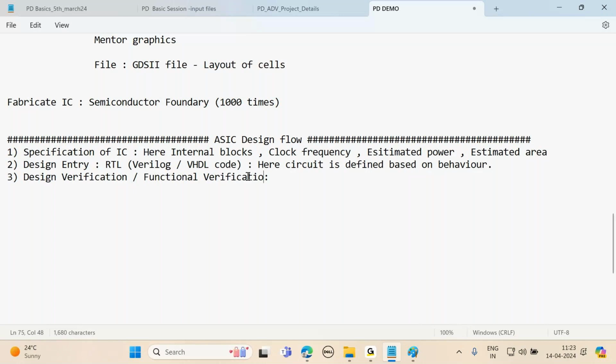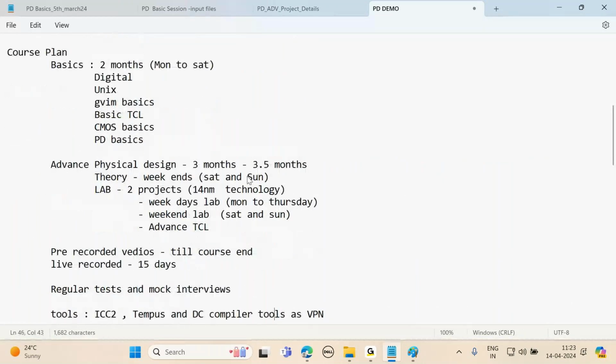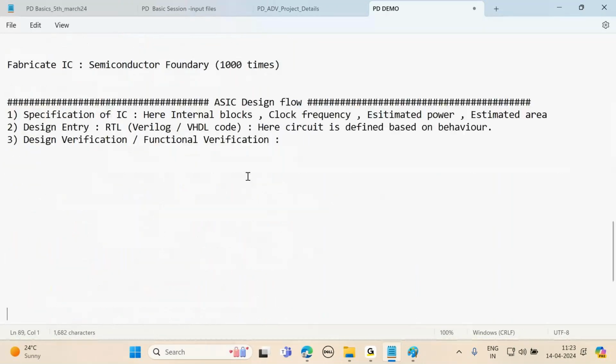What do we do in functional verification? I told you this is one of the courses, so you can remember that. I have described my design by using Verilog or VHDL. I have to verify whether this Verilog or VHDL is going to implement the intended functionality or not.